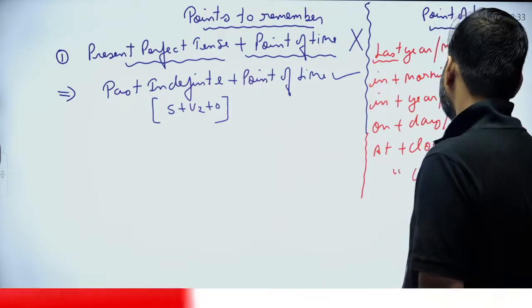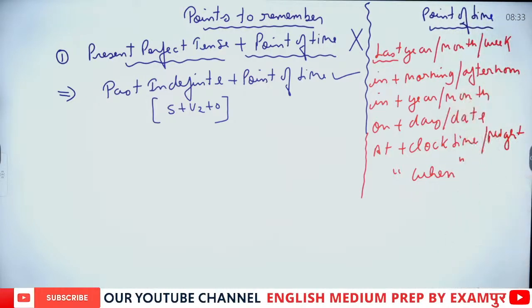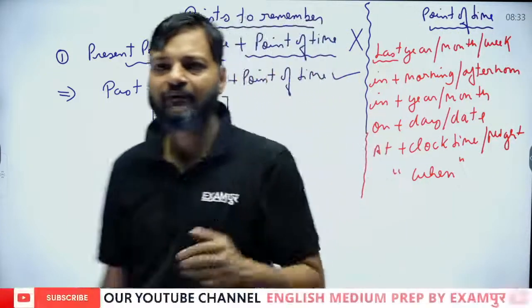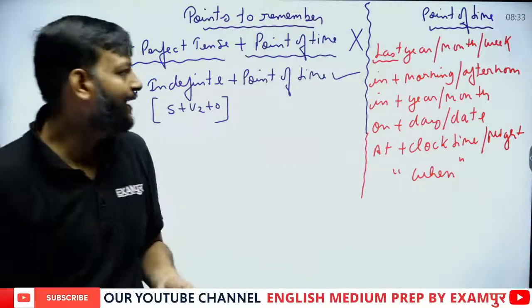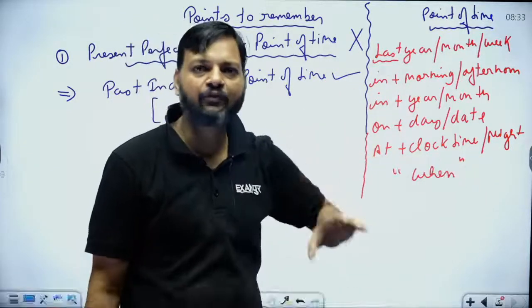Or the word when. All these are point of time. So if any present perfect sentence has any of these time phrases, it would be wrong.